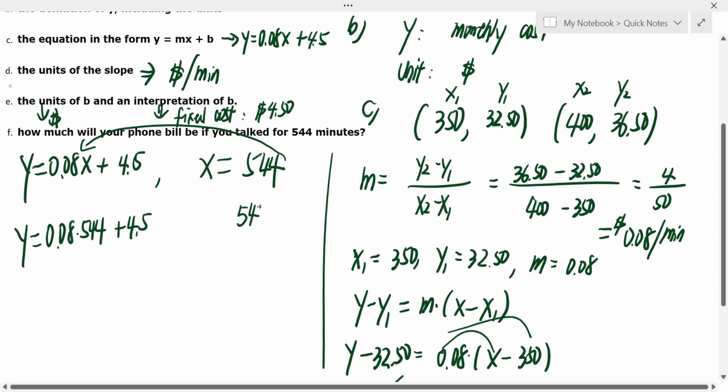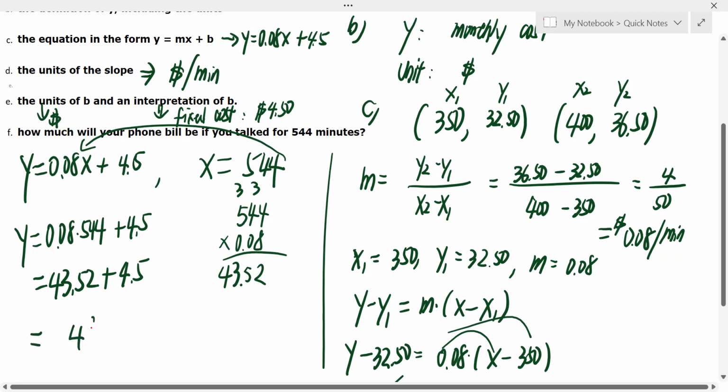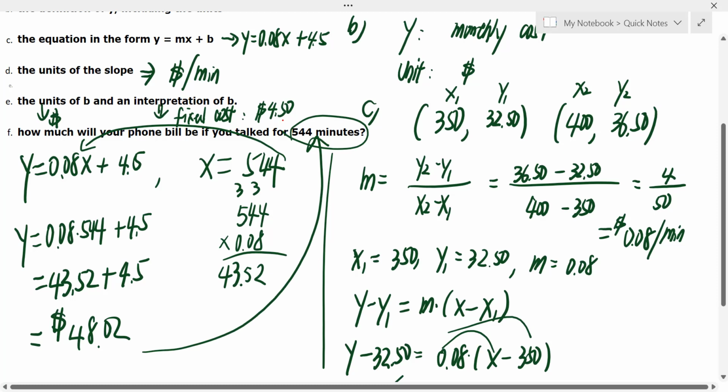So 544 times 0.08: 4 times 4 is 32, carry 3; 4 times 5 is 20, plus 3 is 23... carry down the two decimals, so it's $43.52 adding $4.50, and this turned out to be $48.02. So this is the phone bill for talking 544 minutes.